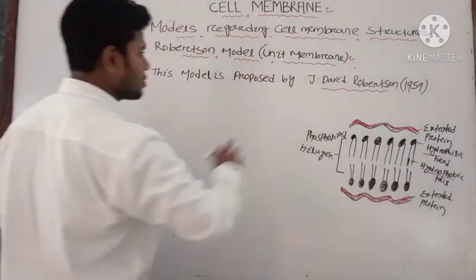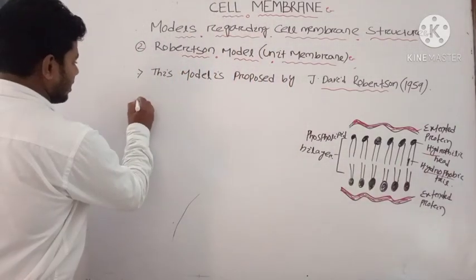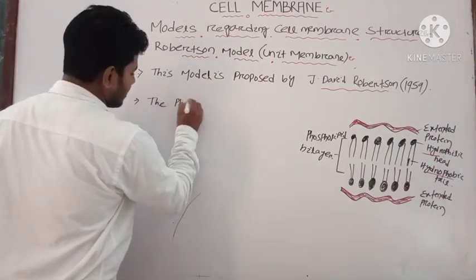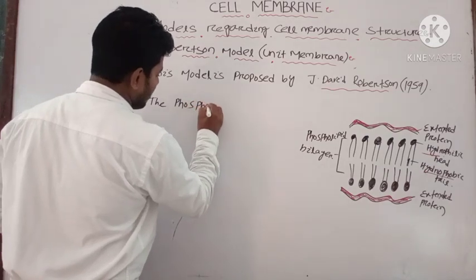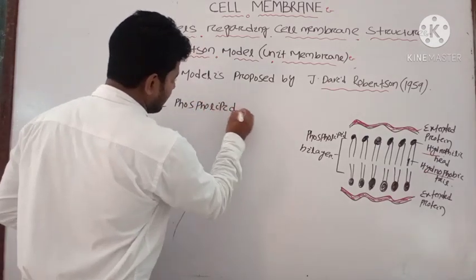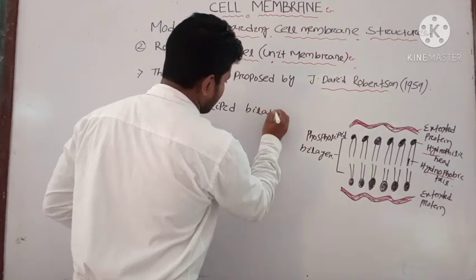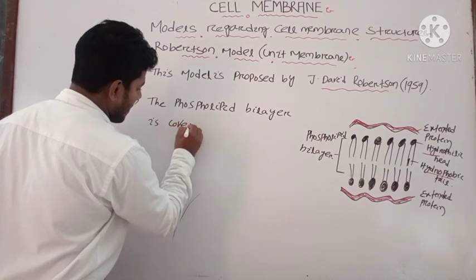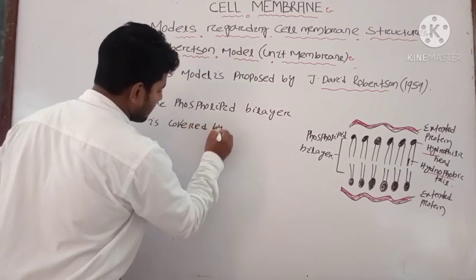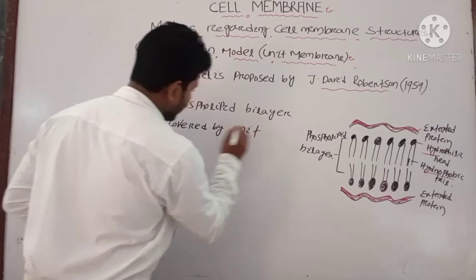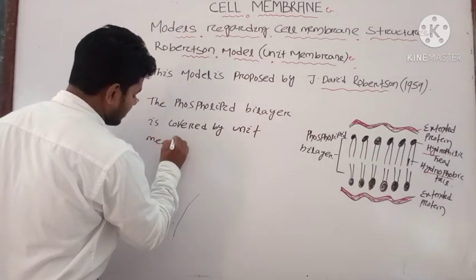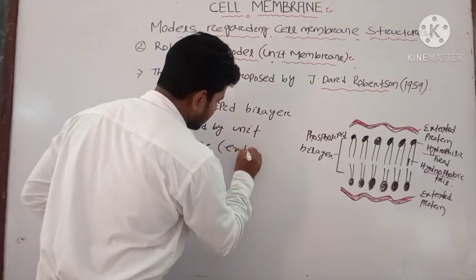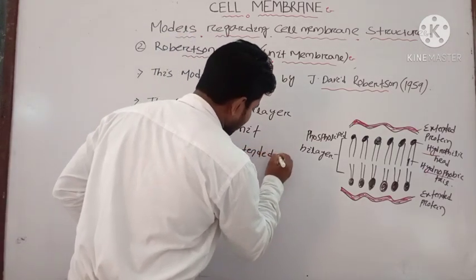Okay, this structure is proposed by David Robertson, and the lipid bilayer is covered by unit membrane, and that unit membrane is your extended proteins, not globular proteins.